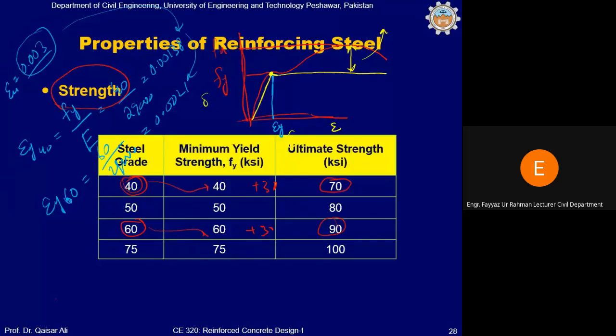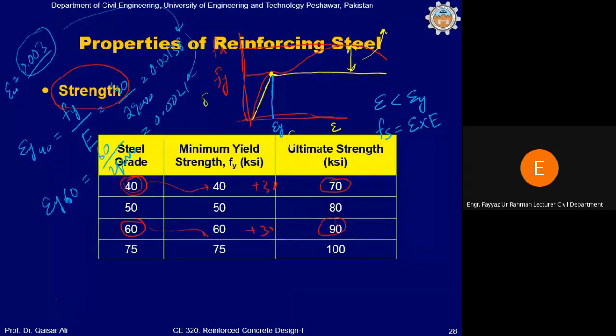Now, if the strains in reinforcing bars are less than the yield strain, see how this idealization makes our calculation simple. If the strain in reinforcing bar is less than the yield strain, then stress in reinforcing bar can be calculated very easily from Hooke's law, and it is equal to strain multiplied by elastic modulus.